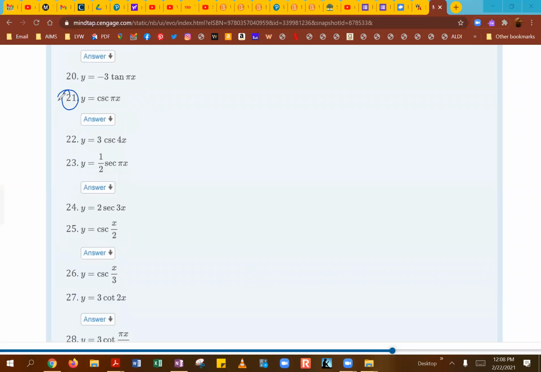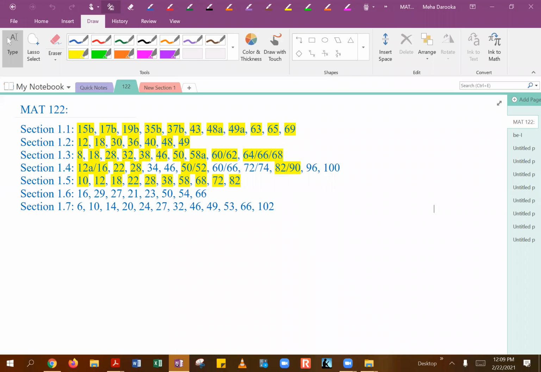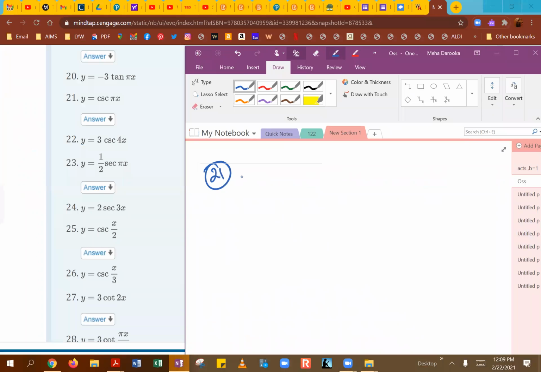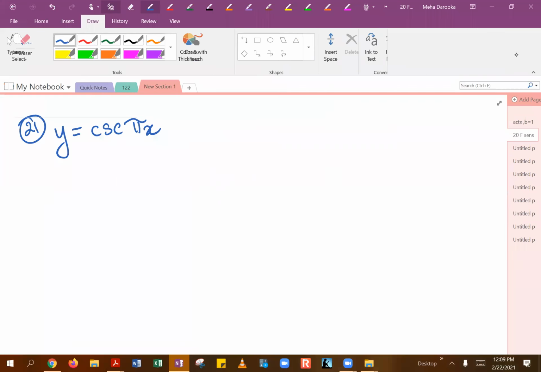So let's take a look at this one here. For 21, we are given y equals cosecant of pi over x.